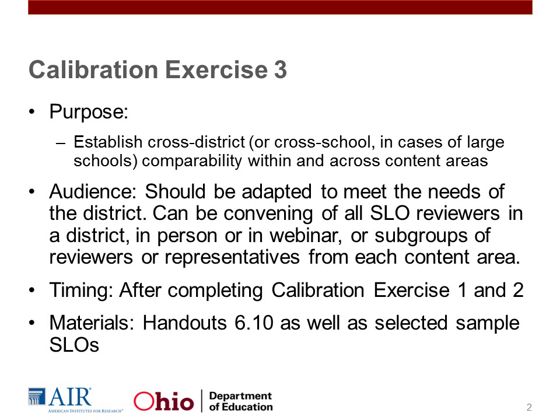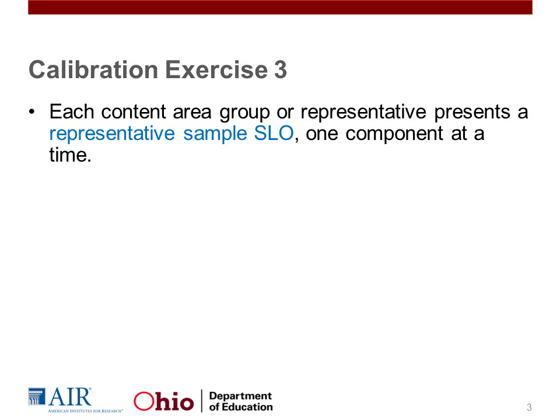To complete the activity, access handout 6.10, which can be found online adjacent to this video, as well as sample SLOs that are described. After all review committee members have participated in calibration exercises 1 and 2, representatives or content area groups can select a sample SLO that they feel is generally representative of the group of SLOs that they reviewed.